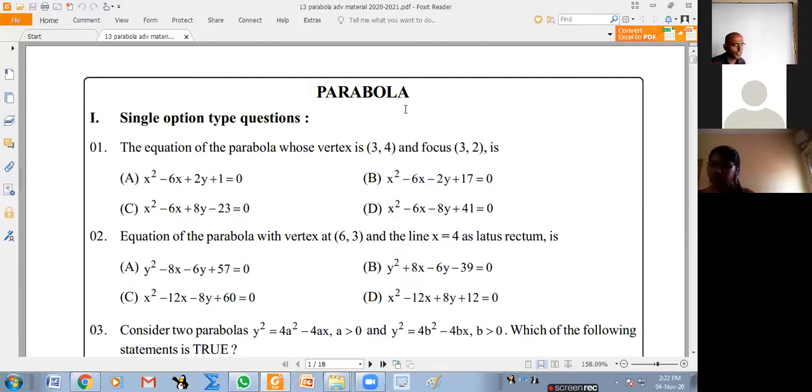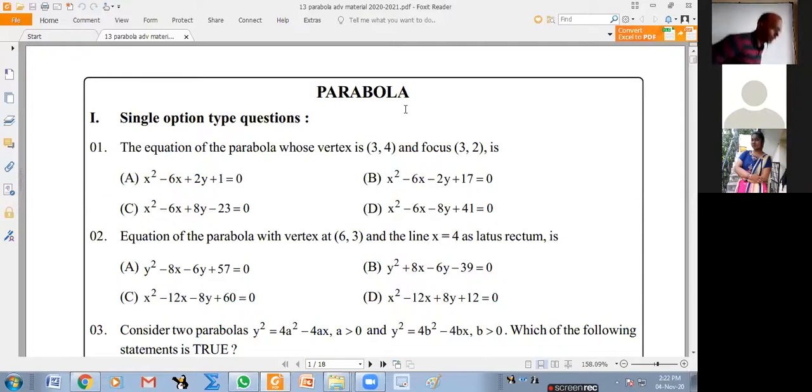Second question here. Equation of the parabola with vertex 6, 3 and x equal to 4 as latus rectum, not the directrix. Latus rectum is vertical, means axis is horizontal, definitely.